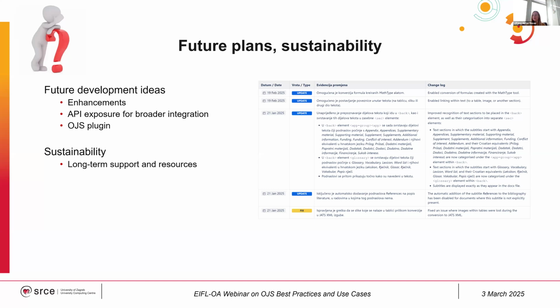And also we see an opportunity to integrate the service with OJS to streamline workflows for journals who are using OJS. But future developments depend on available resources, which are currently very limited. We welcome editors to try the tool. It is in production, it is online, and can be used.